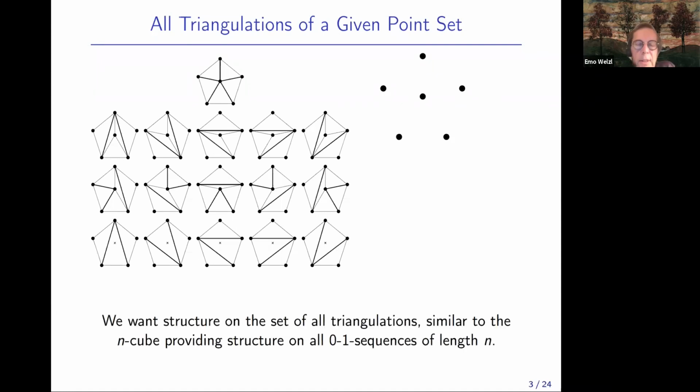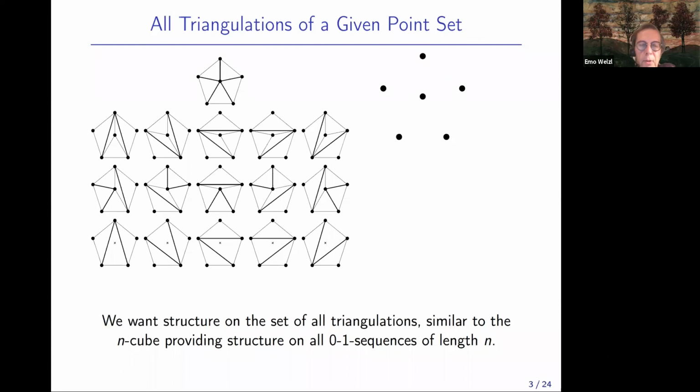So of course, if you want to work with this, you would like to have structure on this set of all triangulations, just similar to, for example, if you look at 0,1 sequences of a given length n, we know that the n-cube provides structure, which is the same structure you get on all subsets of an n-element set.